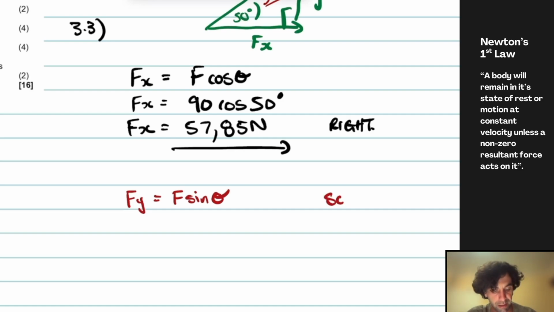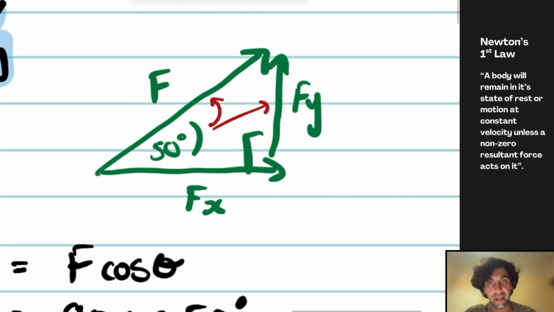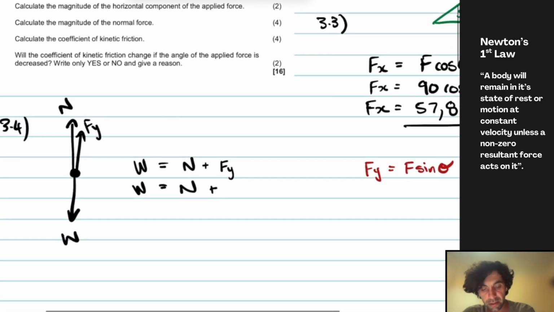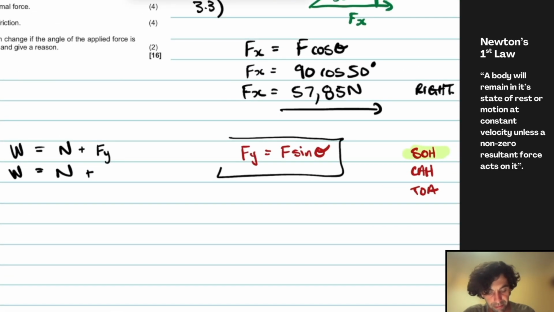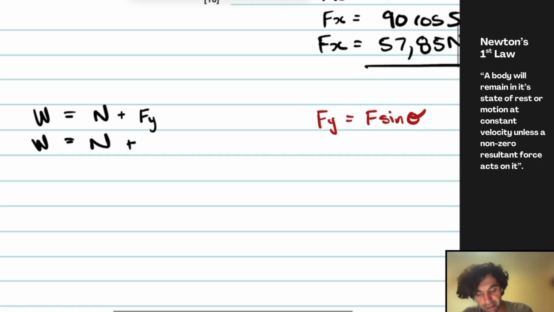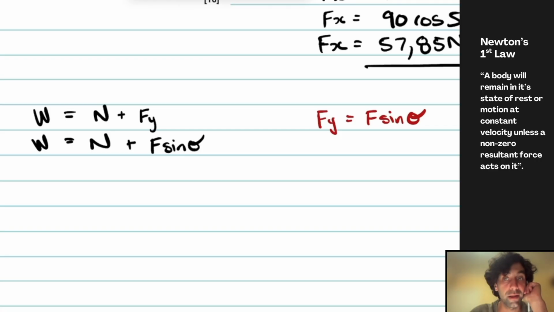Because if you remember your trig ratios, SOHCAHTOA, sine is your opposite over your hypotenuse, and we are dealing with the opposite and the hypotenuse over here. So I can take this and substitute it in to my Fy immediately. You could calculate it on the side first if you would like. That is perfectly fine, but for me, I prefer to write it like this.